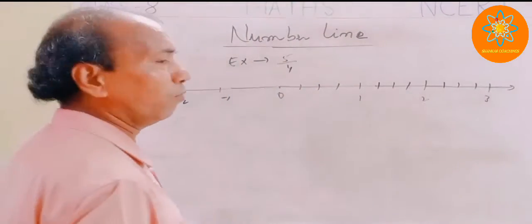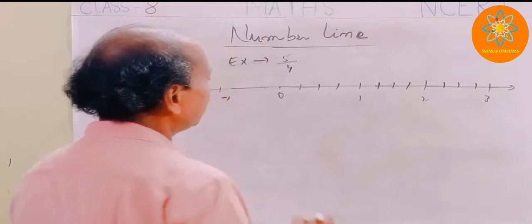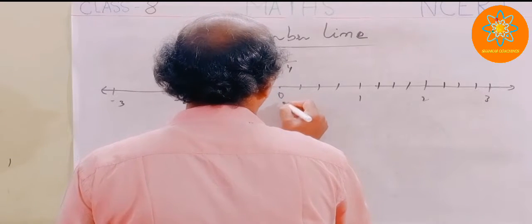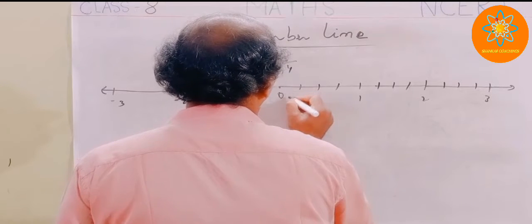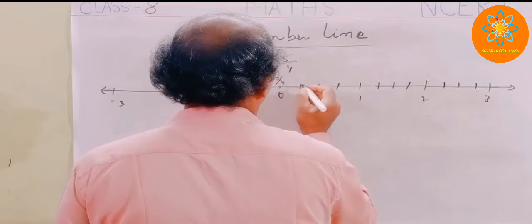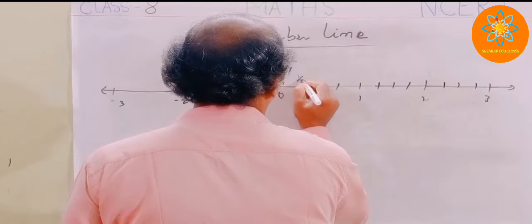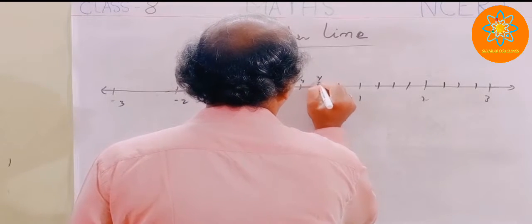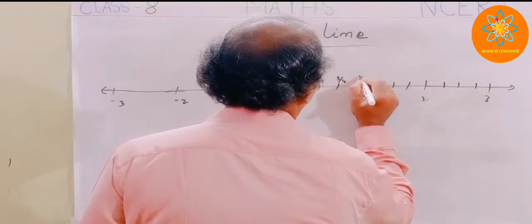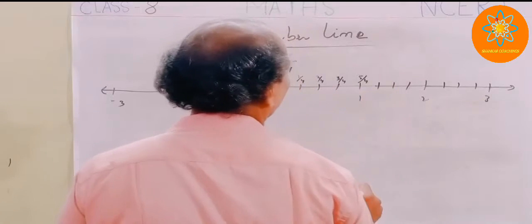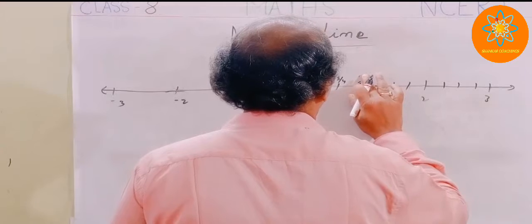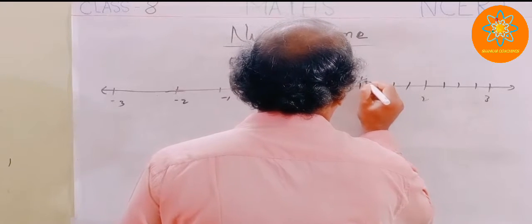Now I want to represent 5 by 4. So how do I represent it? This point is 0 by 4. This one is 1 by 4, 2 by 4, 3 by 4, then this will be 4 by 4.